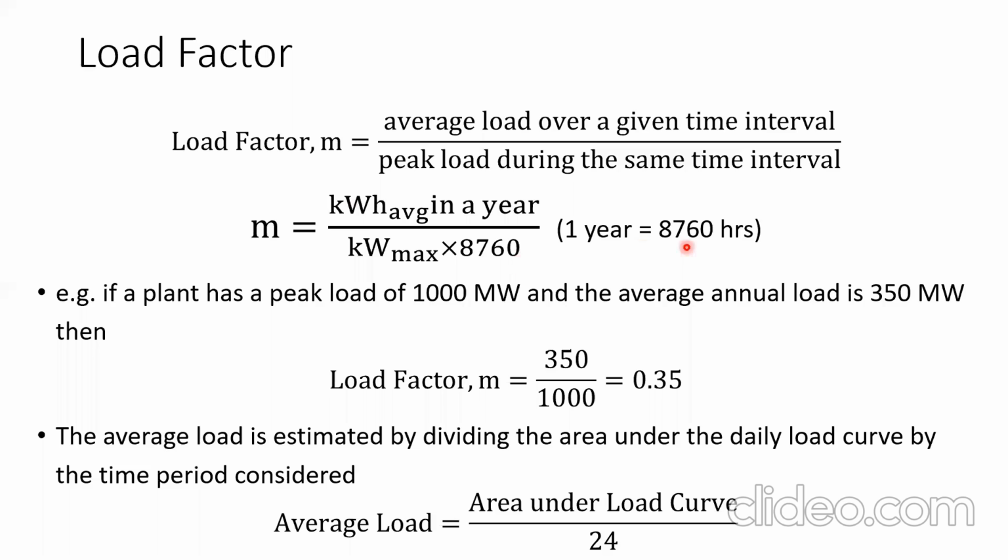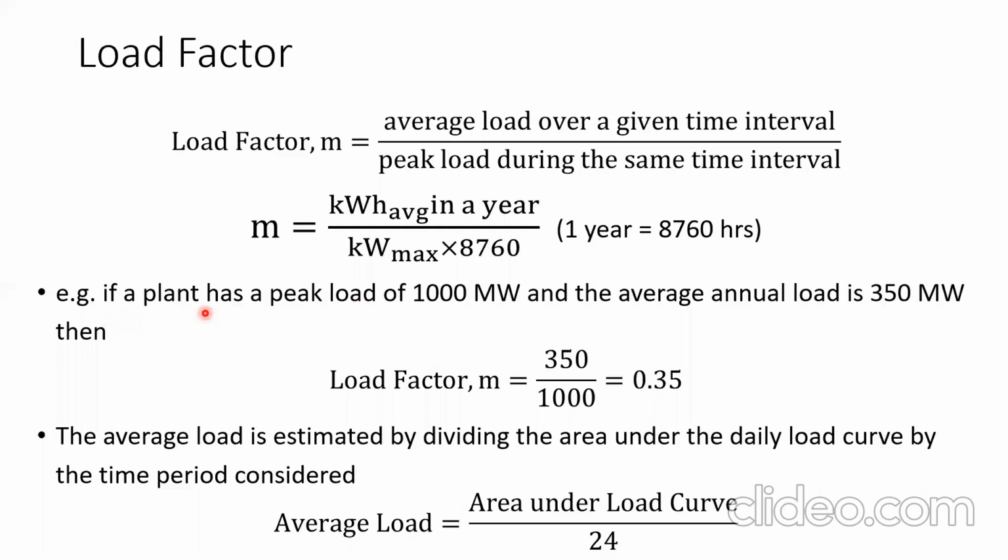The unit must be in kW. If the data is given in megawatt, you have to convert it into kilowatt, or divide with the same units, megawatt by megawatt. One year is equal to 8760 hours. If you are using kW in the numerator and kW in the denominator, this quantity must be in hours. Maybe they give 6 months, then you have to divide this by 2.